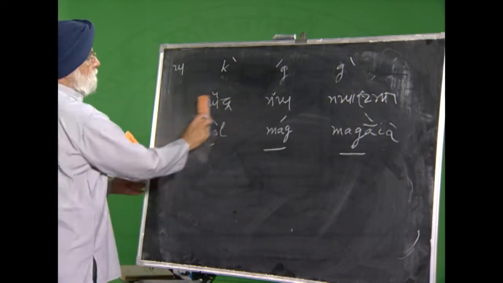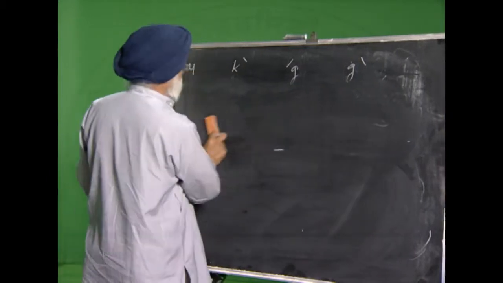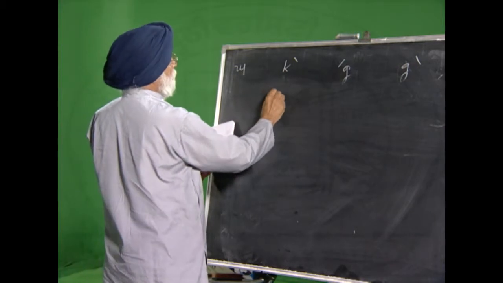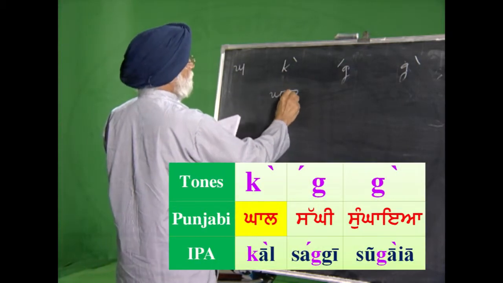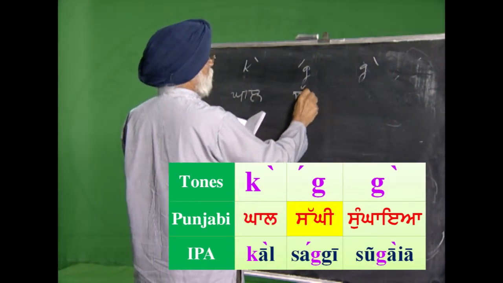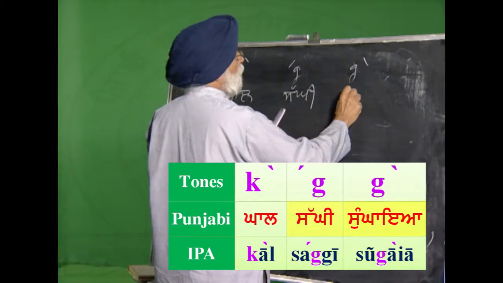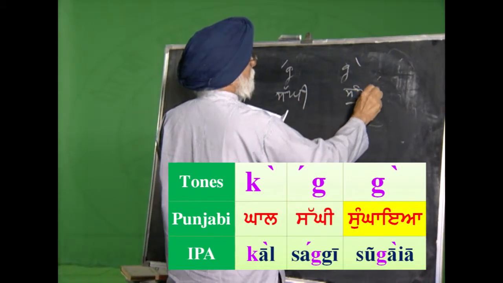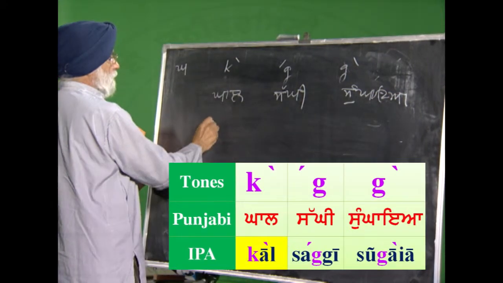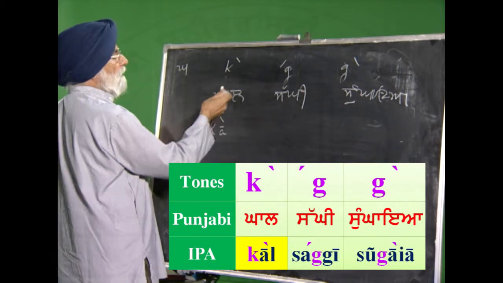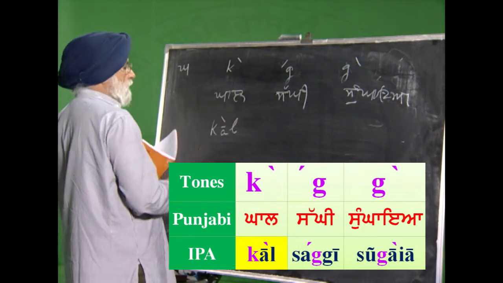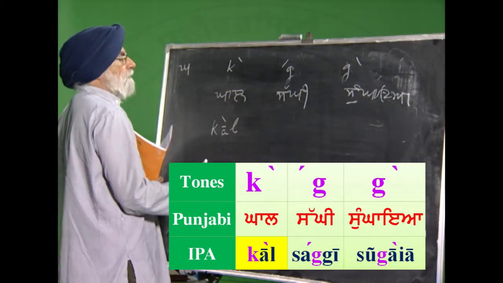Another example, you have Kal, Saggi and Sungaya. You see, Kal, I mean, we see each time with different consonants and different vowels, primarily with different vowels.